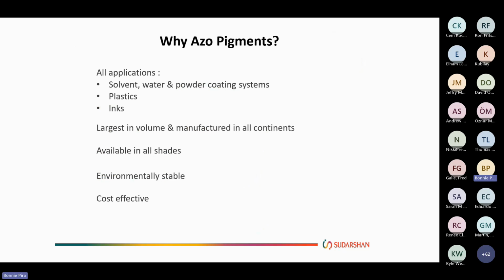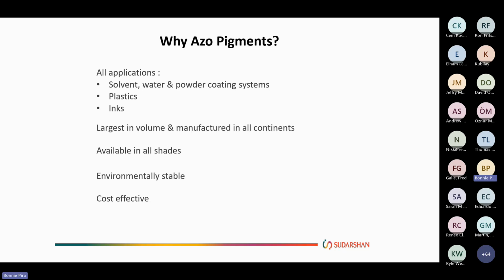So azo pigments, why do we use them? They are applicable for all types of applications where color is needed. Coatings, plastics, inks, special applications, all types of applications are appropriate for azo pigments in one form or another.